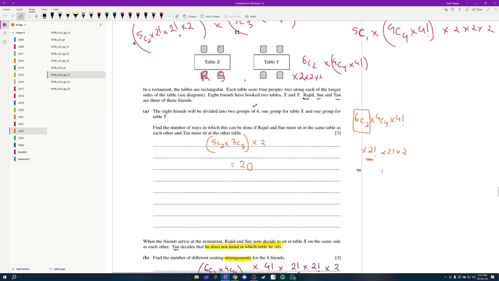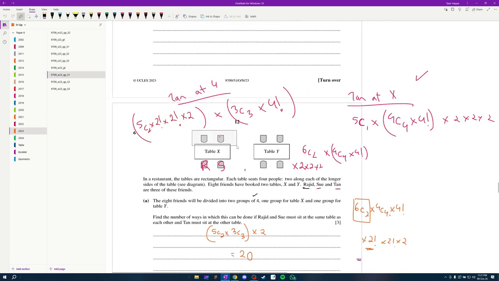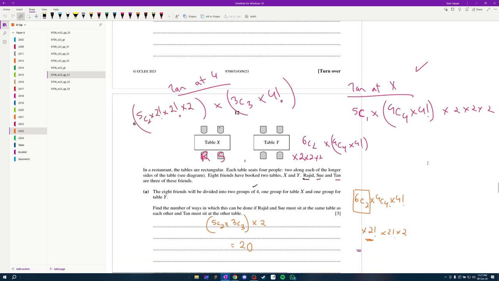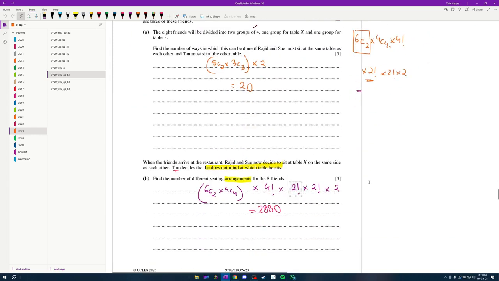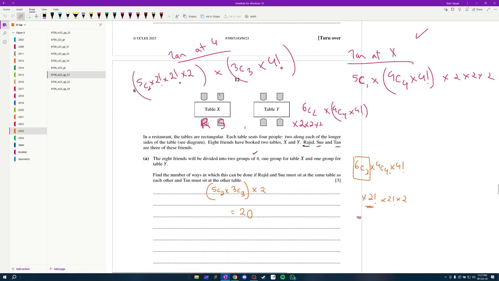What about this 2 factorial? The first 2 factorial is for the other 2 friends that sat at this side of table X. And what about this 2 factorial? This is for Rajid and Sue, because they only decide to sit at the same side of the table, but they can interchange their positions.